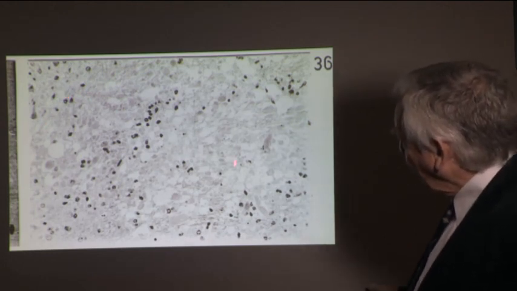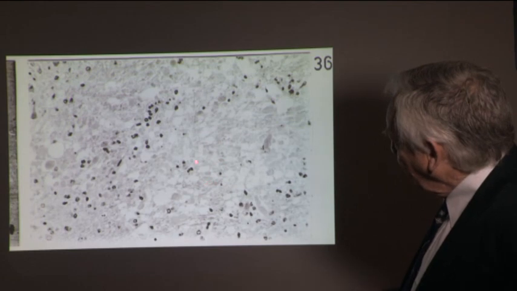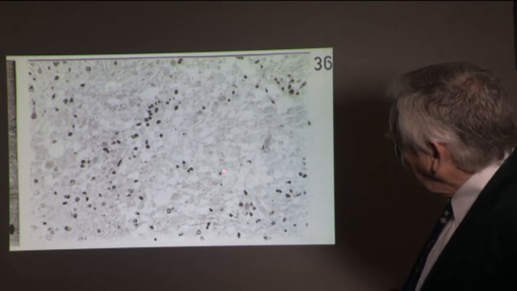Here in this neuropil is necrosis, and some of these cells here you can see are shadow figures possibly of previous neurons.